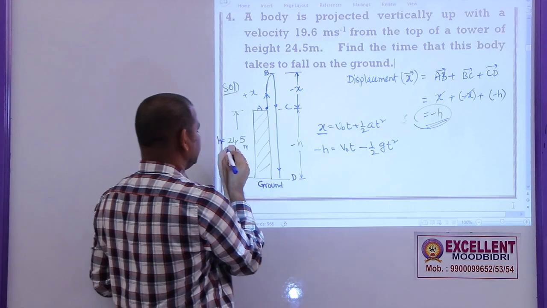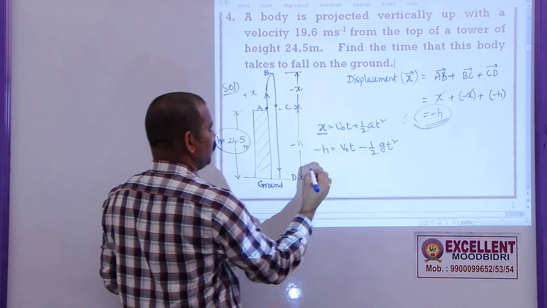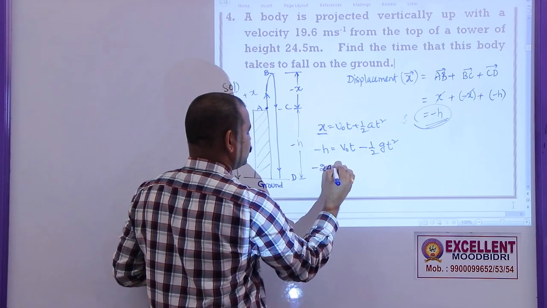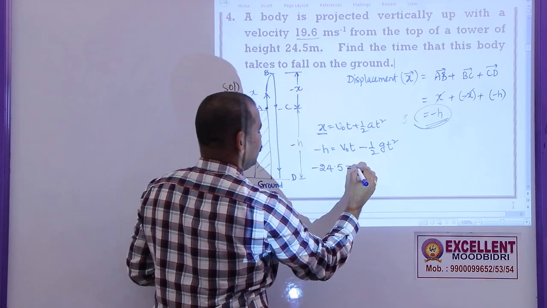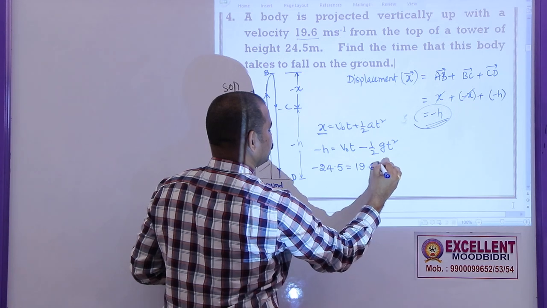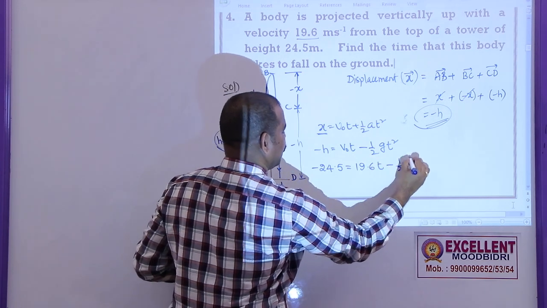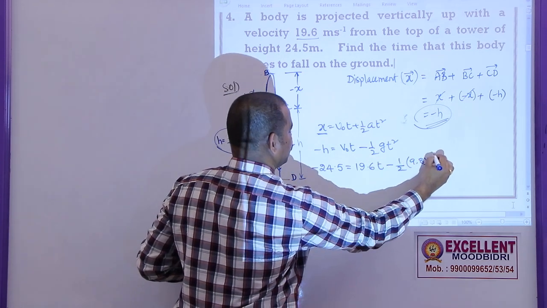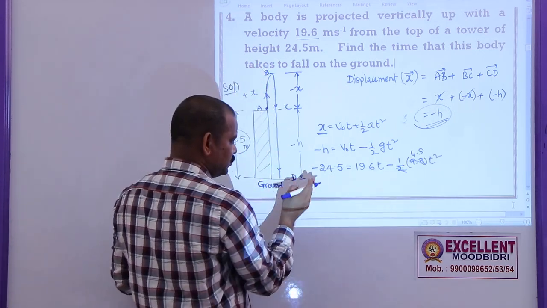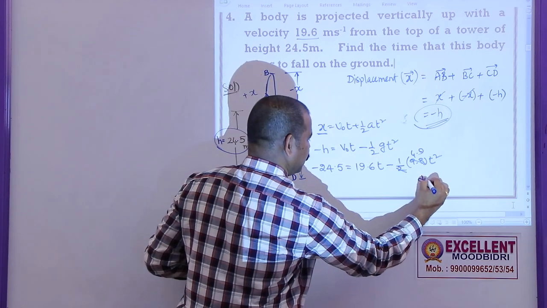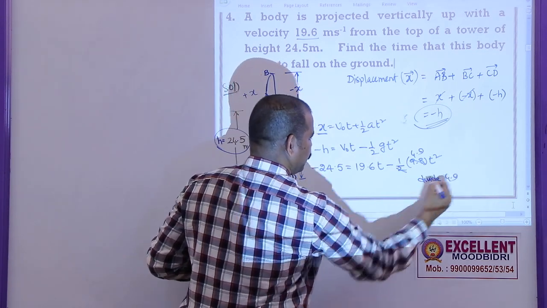Now, what is this minus h? H is equal to 24.5, so minus h is minus 24.5, is equal to the initial velocity 19.6 into t minus half into 9.8 t square. This can be cancelled with 4.9. So, once again you can divide with 4.9.